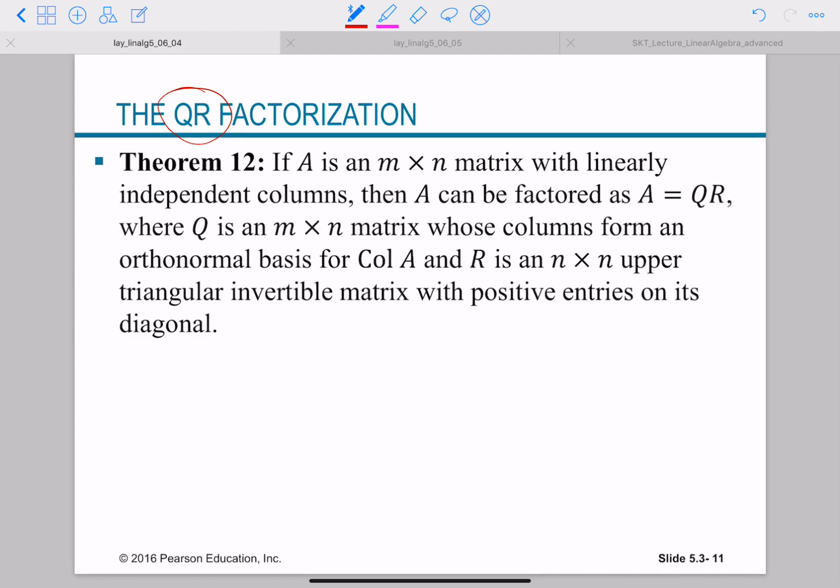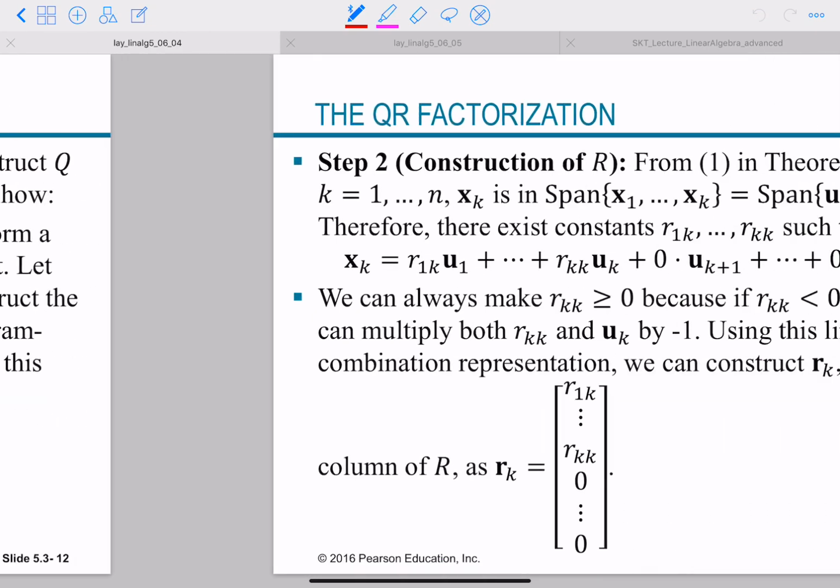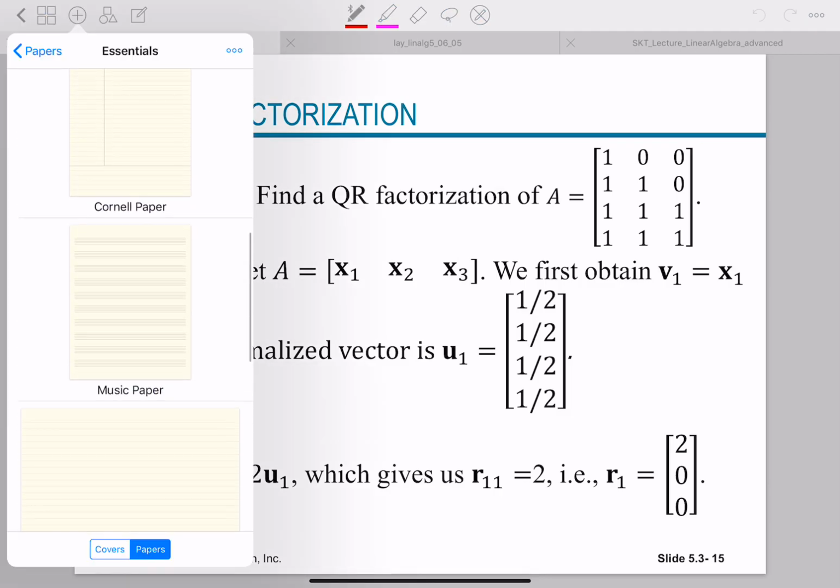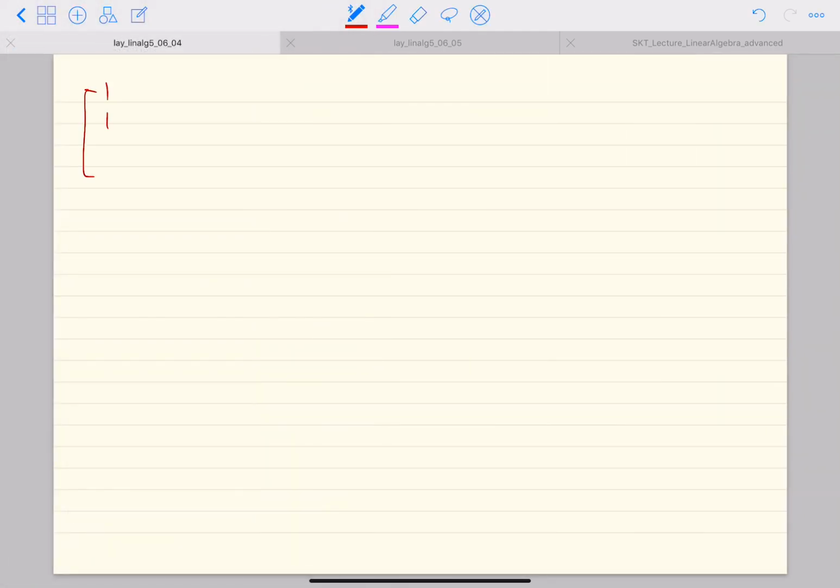Let me show an example here. It's really complicated, but let's directly look at this example: 1 1 1 1, and 0 1 1 1, and so on. We have these three column vectors that are linearly independent, and we know how to perform the Gram-Schmidt process on them.